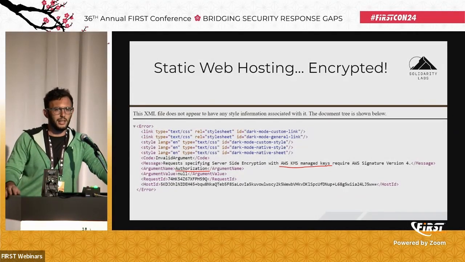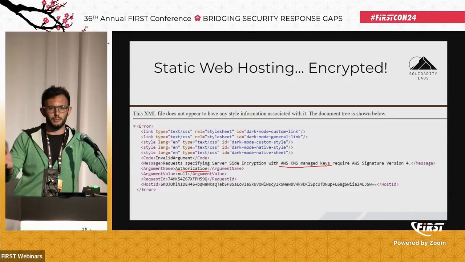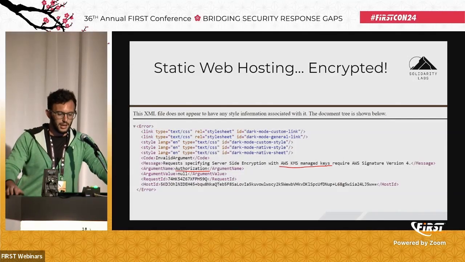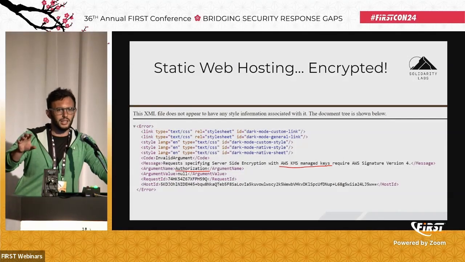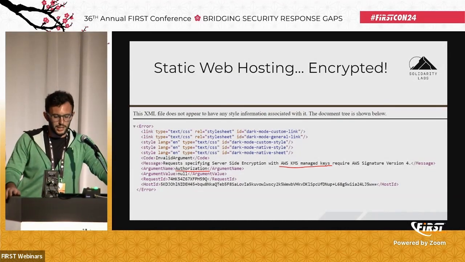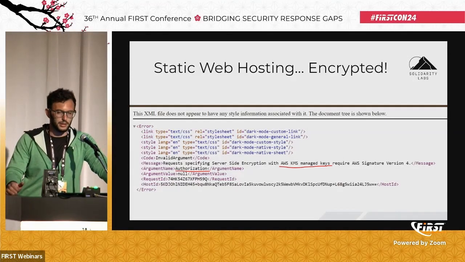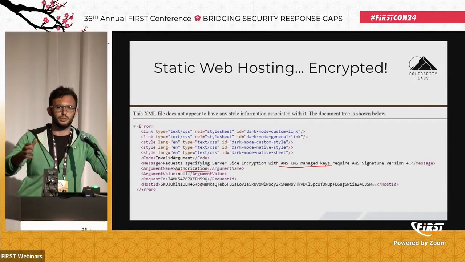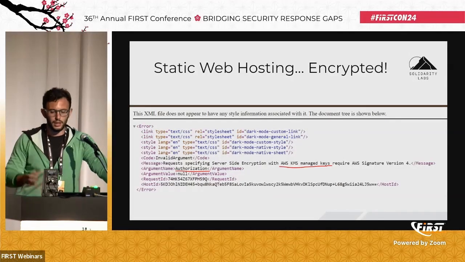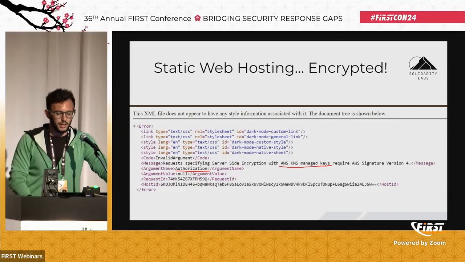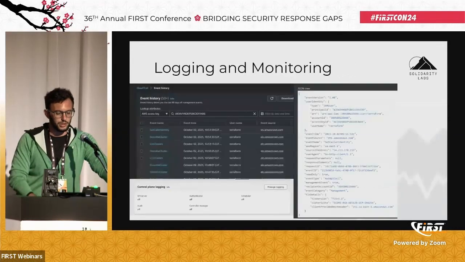And suddenly their website wasn't there anymore and they were seeing this. What this means is that the content inside the S3 bucket, inside the AWS tenant, was encrypted with a KMS key, and they didn't have the authorization to view that content. And they didn't know why. So they called us to do the response.